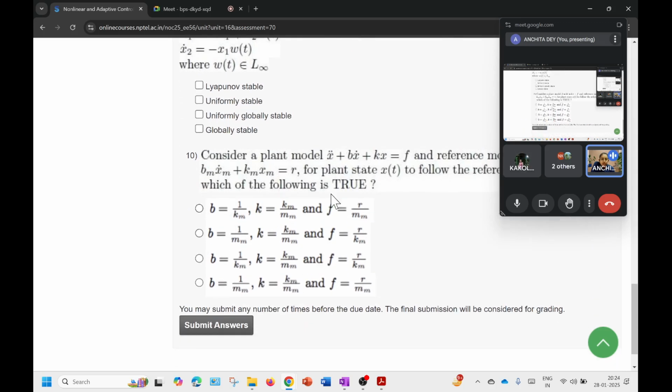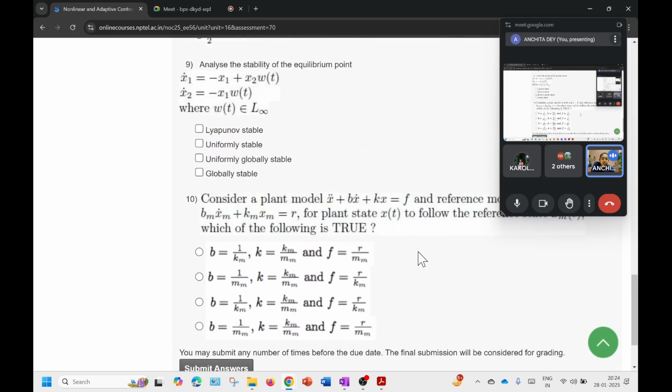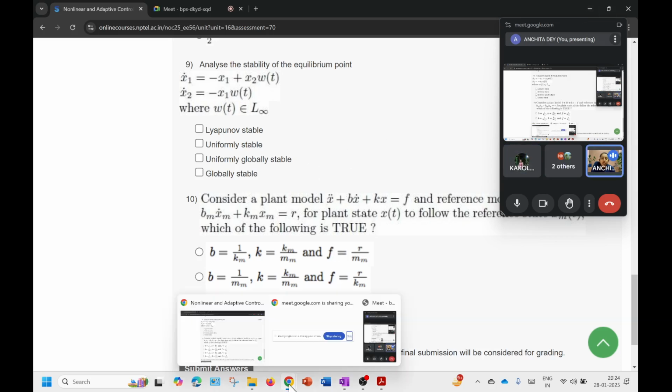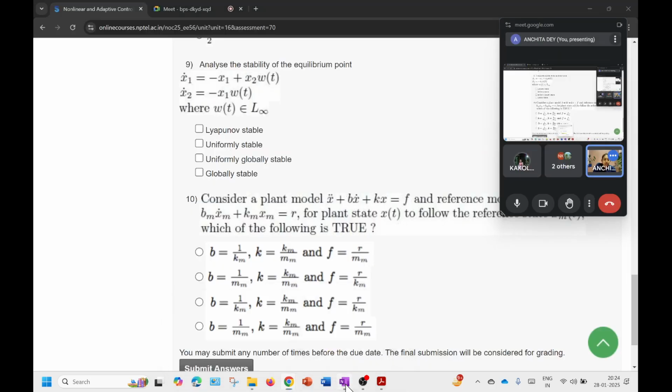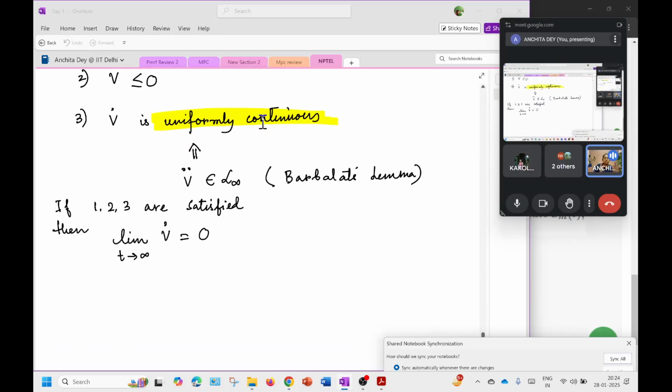And yeah, question number 10 is regarding, okay, uniformly continuous means it is continuous at all time instances, right? Whichever small segment you take, it's continuous there as well.